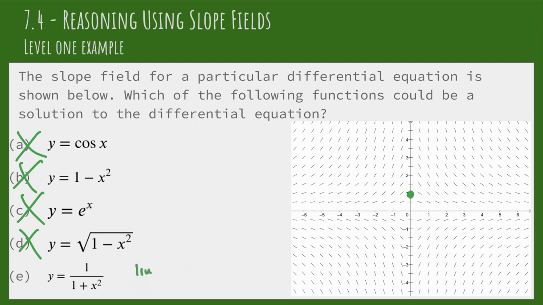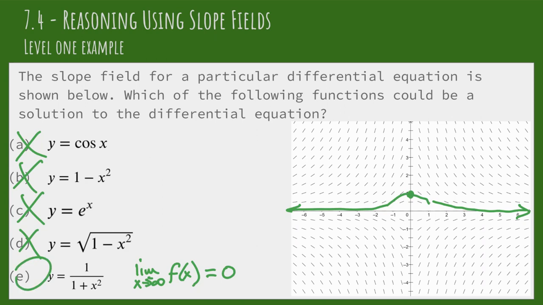Also, if you think about asymptotes, because slope fields are good at showing us asymptotes, as x is approaching infinity on this function, as x gets really big, the denominator is going to get really big and the function itself is going to approach 0. So we would expect that as we go to the right, we're approaching 0. The same thing's going to be true as we approach negative infinity. And so this slope field here looks like it is a good match for this function. So we're going to choose that as our answer.